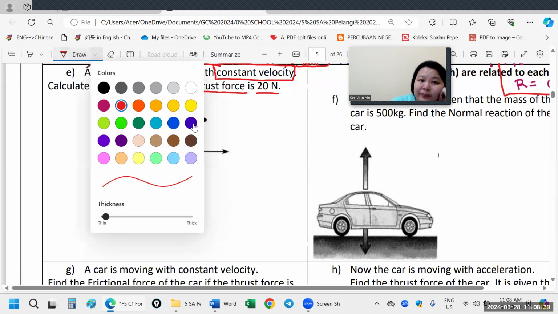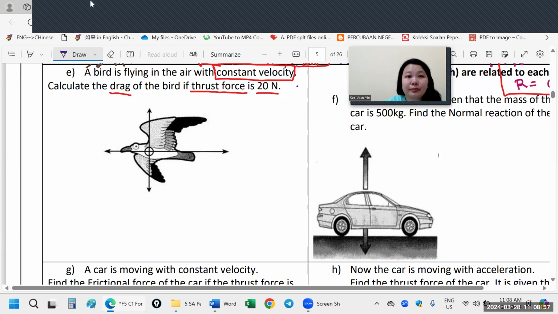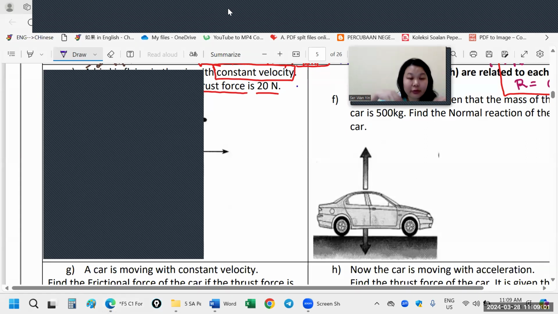Can anyone tell me how to draw the free body diagram? Labeling two forces is enough, or can anyone annotate? Okay, thank you very much, I made a mistake. Yes.